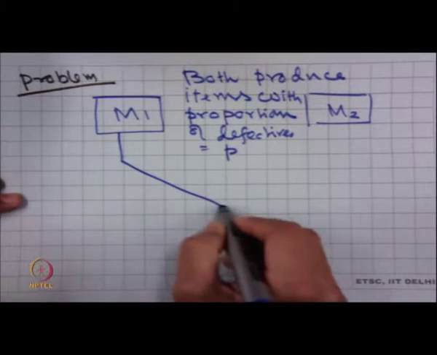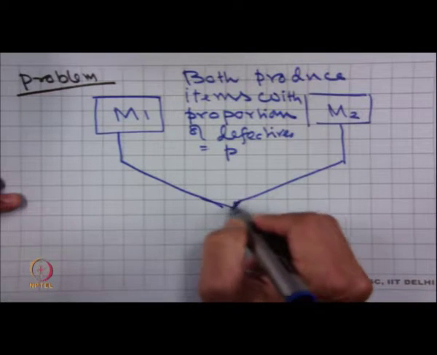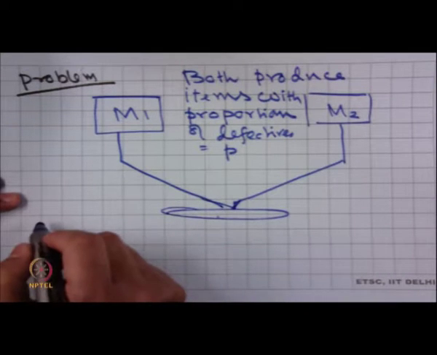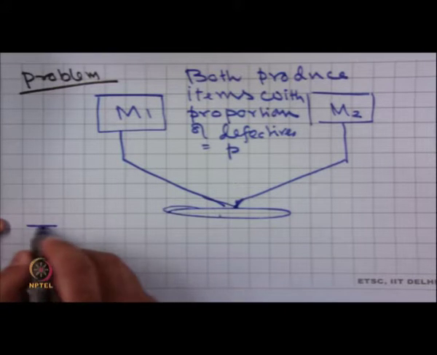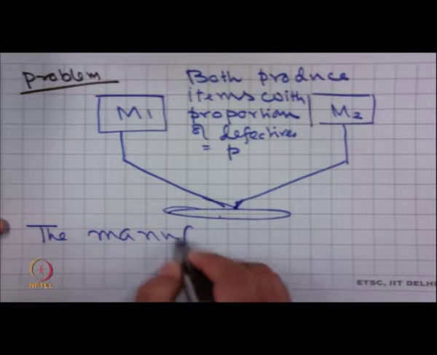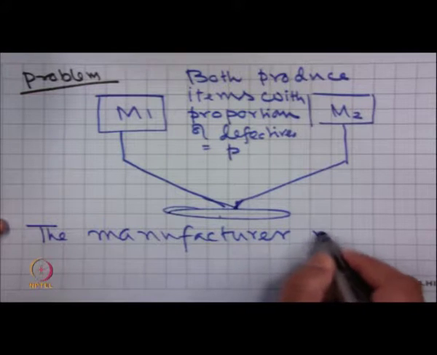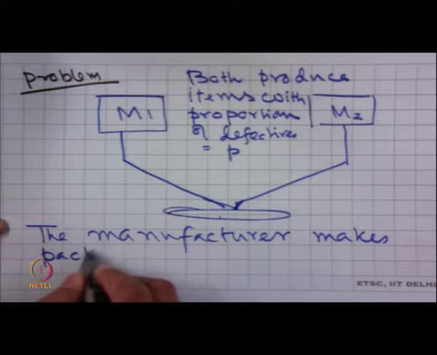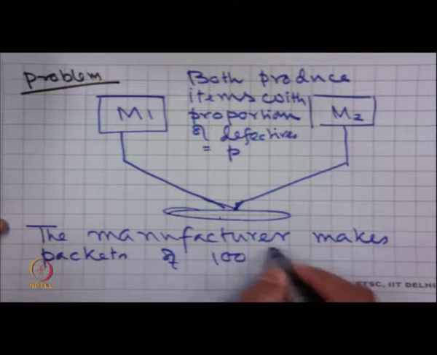So, M 1 produces items and M 2 produces items, and they are all coming to the common pool, and the manufacturer makes packets of 100 items.